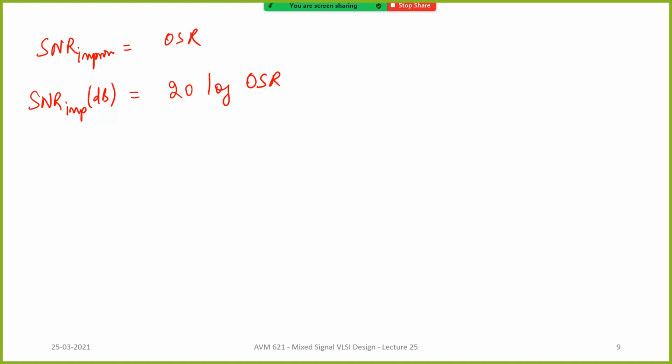So if OSR is 2, that is you are sampling at double the frequency, what are you going to get? What is 20 log of 2? 6 dB in SNR, correct? So just by doing this, you are basically getting 6 dB improvement.